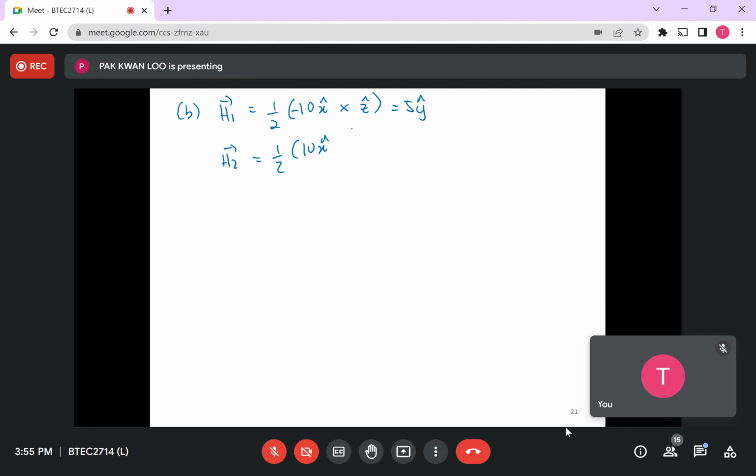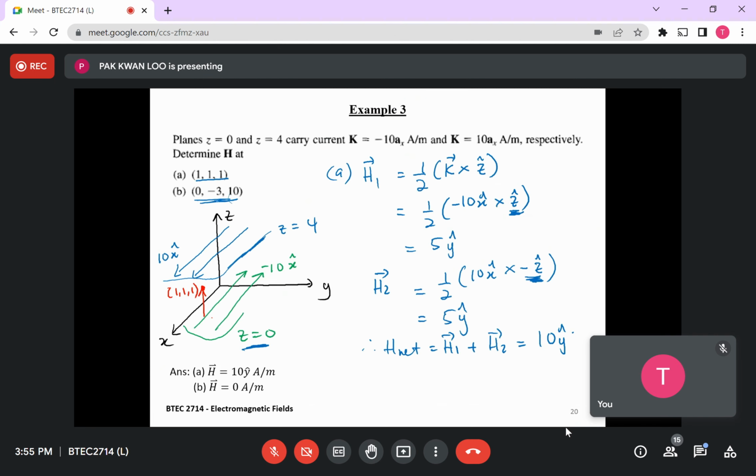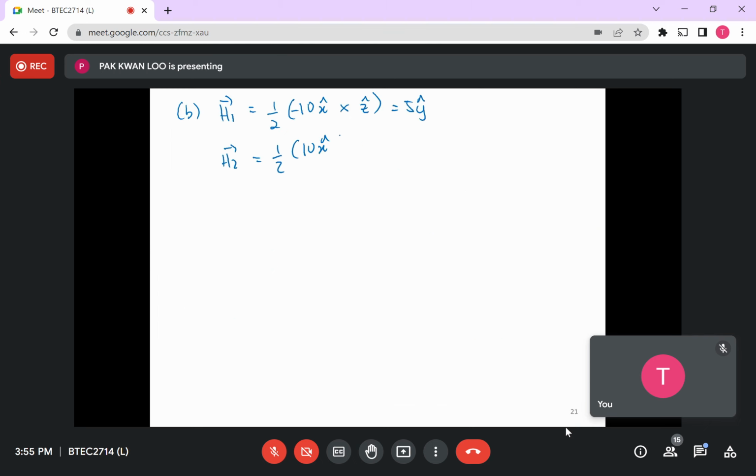Now the position is above plane z equals 4 and also z equals 0. So the direction from the sheets to the point of interest is pointing in the positive z direction, right? So this is negative 5 y cap.